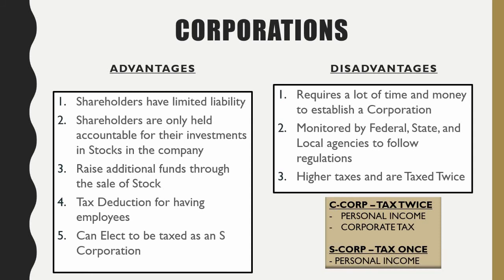So remember, they are going to be the ones moderating to see if these corporations are following the regular rules and guidelines for being a corporation, right? And then third, they do get higher taxed and can get taxed twice. So again, if you're filing as a C Corp, you will get taxed twice.